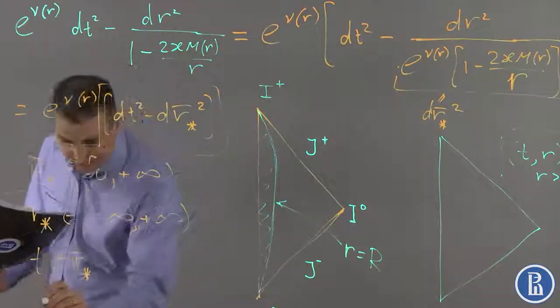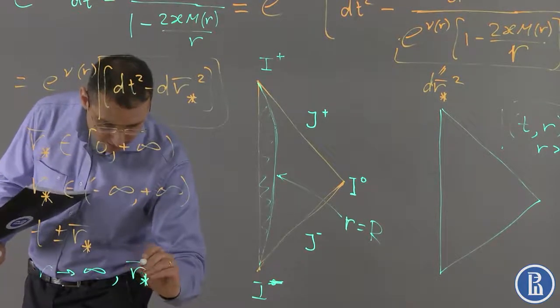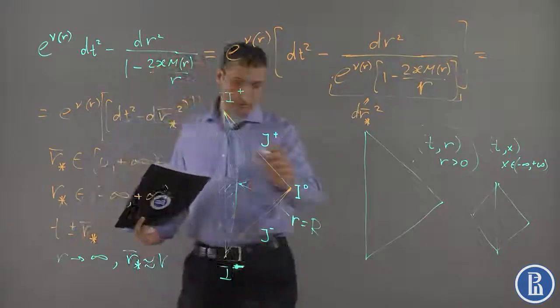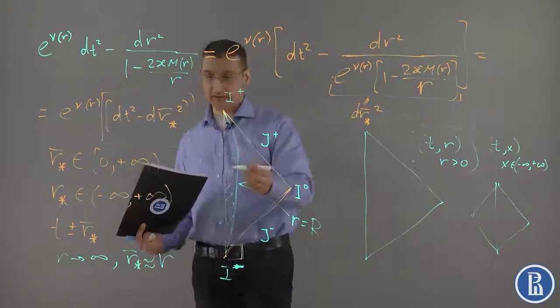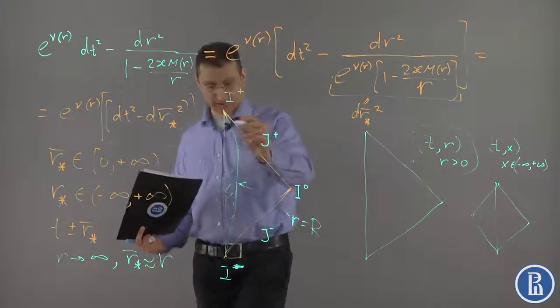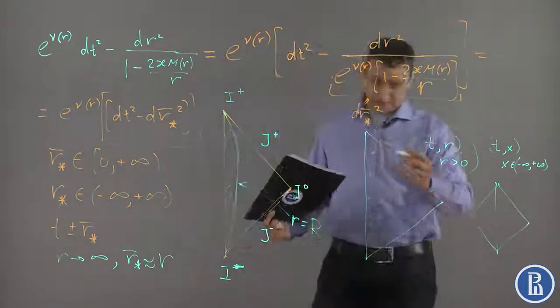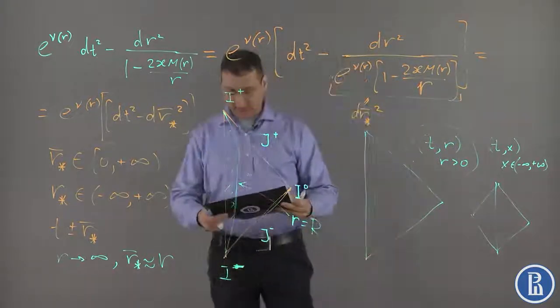As r goes to infinity, r star bar becomes approximately equal to r. So these diagrams just coincide at asymptotic infinity, but inside, closer to the body of the star, they become a bit different. But the geometry of the Penrose diagram is more or less the same.